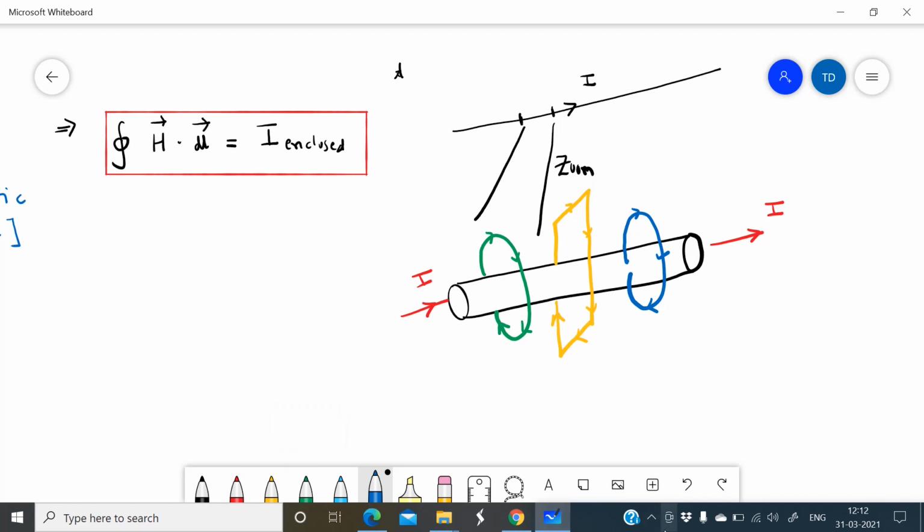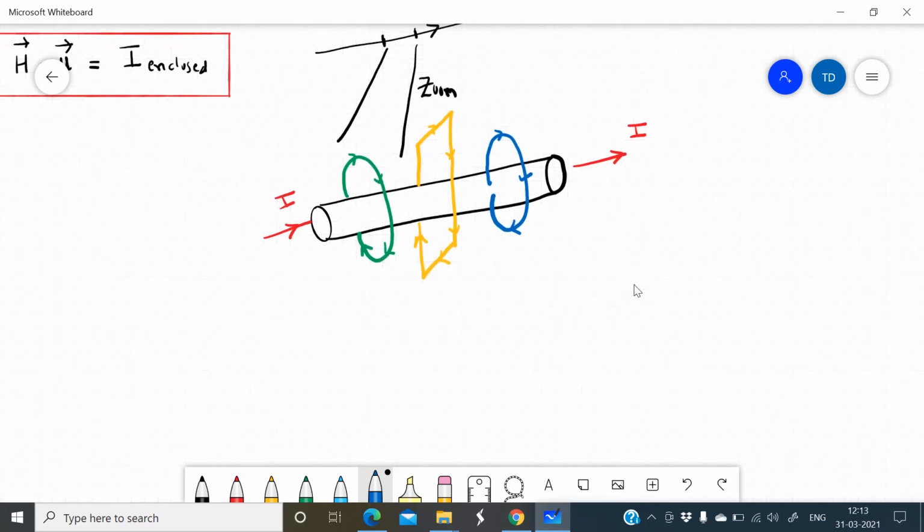The total current enclosed by the green path is nothing but the current capital I. So for this green path we can write the closed line integration of H into dl is equal to I. For this yellow closed path, it also includes the same current I, so the closed line integration of H into dl is equal to I.